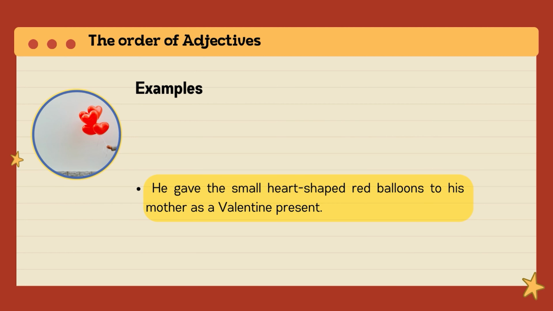Number 2. He gave the small heart-shaped red balloons to his mother as a Valentine present. Let us identify the noun that is being described. It is the balloons. What about it? Small, heart-shaped, and red. It describes the size, shape, and color of the balloons.